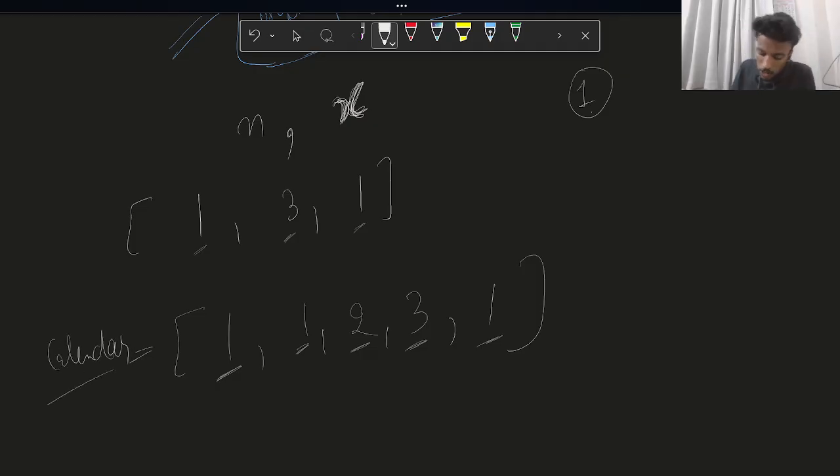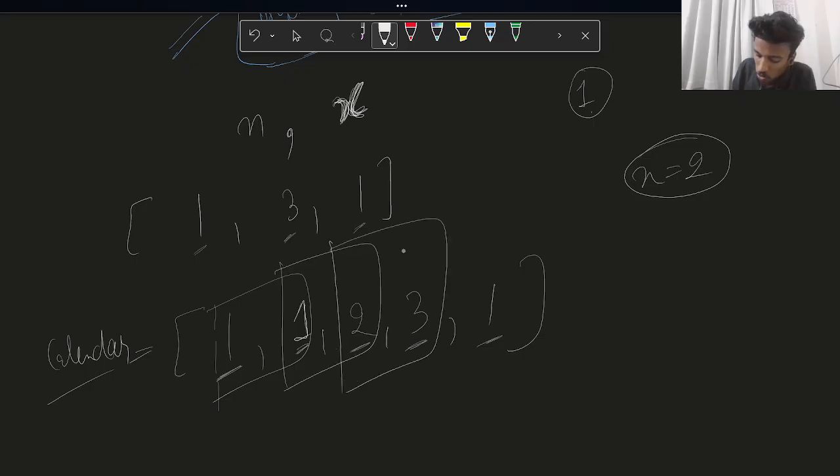For x days, you are going to visit your relative, and those x days are going to be contiguous. Suppose x equals 2. For any two contiguous days, you are going to visit your relative. These days can be either these two, these two, or these two, but they should be contiguous only.